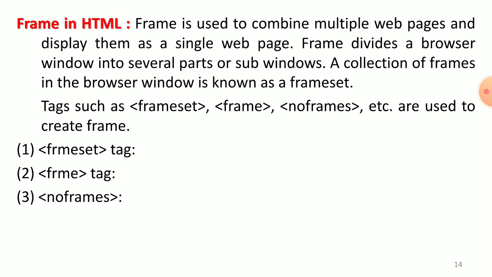Second, frame tag. Within the frameset, each frame is represented using a frame and slash frame tag pair. Frame tag is used to show the location or URL of the file for a particular frame.